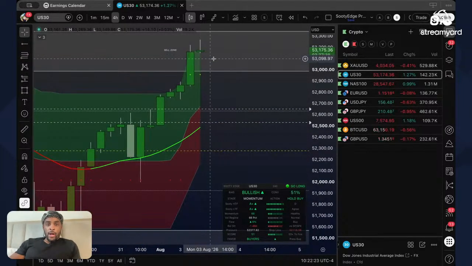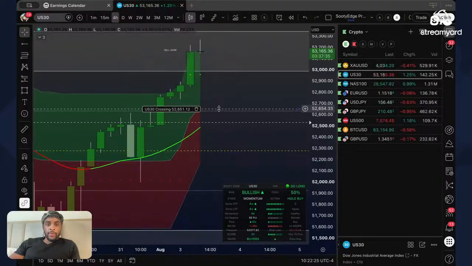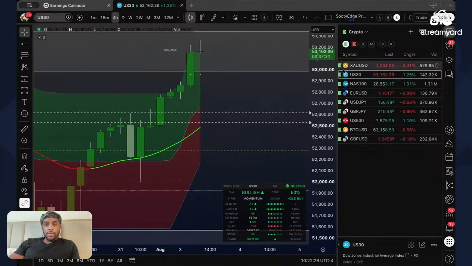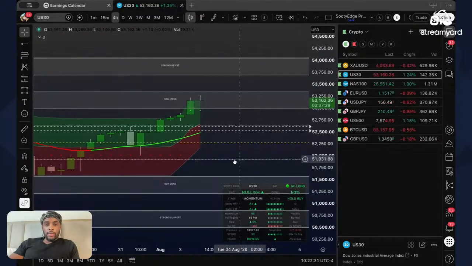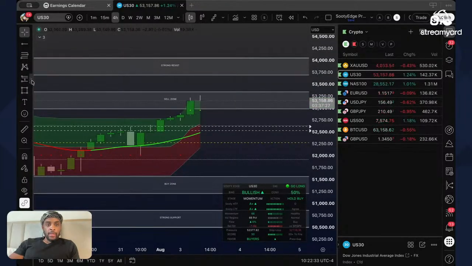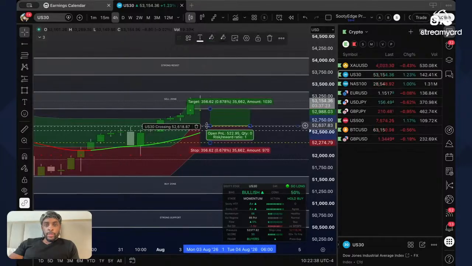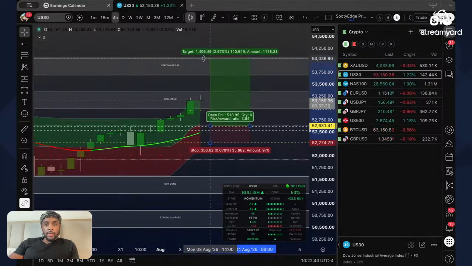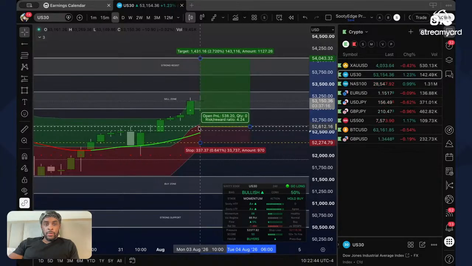Like I said, the 4-hour can definitely slam down and retest this breakout point right here. So on the Dow, the trade that I'm actually looking for on the Dow Jones is a long from here, and then targeting that area right there. So a $1,400 move.